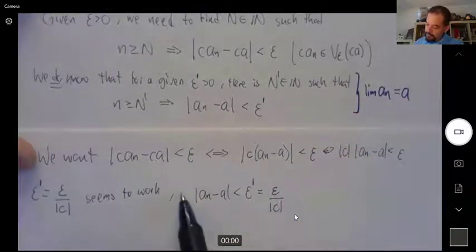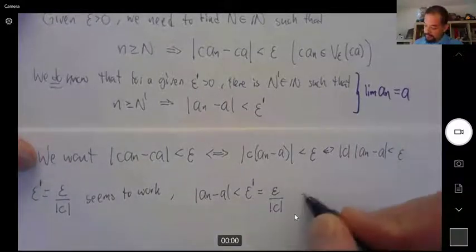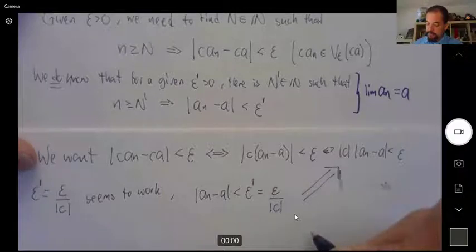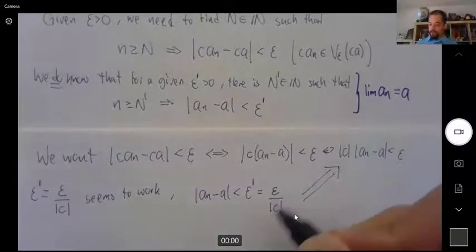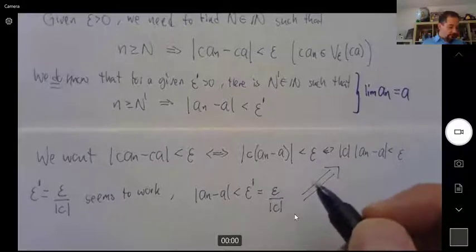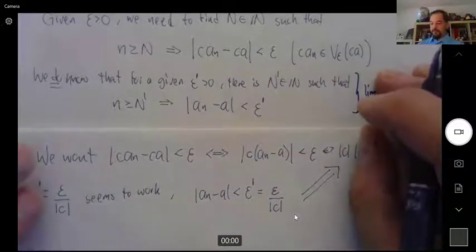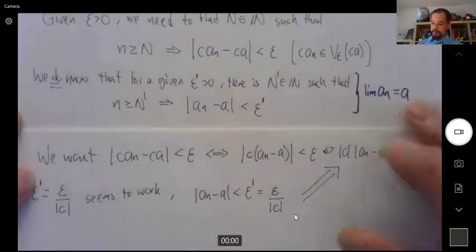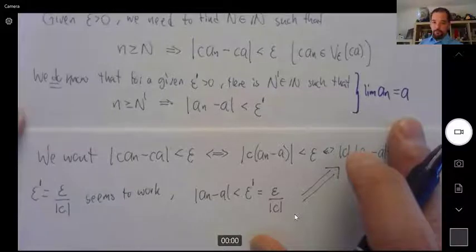So then we can multiply by C and get the one we want, right? So it seems like this one implies that one. And now I think we have a plan, right? Of course, this plan is only going to work out if C is not 0. So we'll do the 0 case later, okay? So is that clear that we have a plan now of how to write the proof?